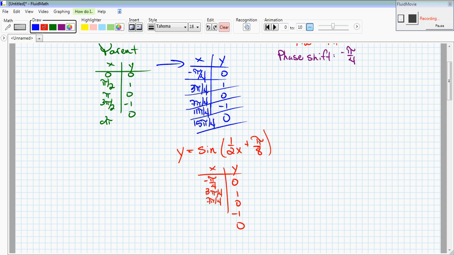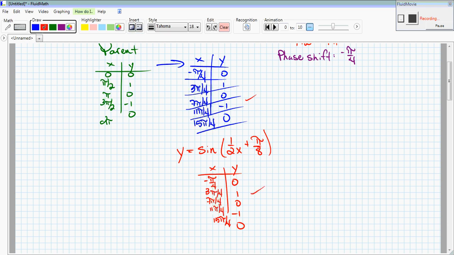Multiply by 2 gives us 22 over 8, which gives us 11 pi over 4. And then last but not least, we have 2 pi, which is 16 pi over 8. Subtract gives us 15 pi over 8, 30 pi over 8, which gives us 15 pi over 4. So again, we've got the same values using a slightly different technique.